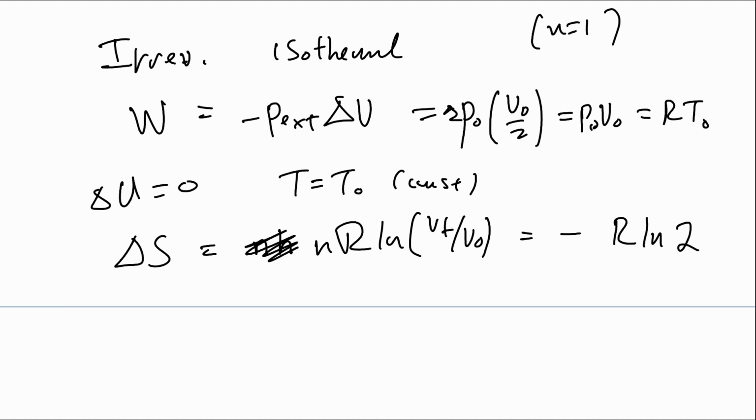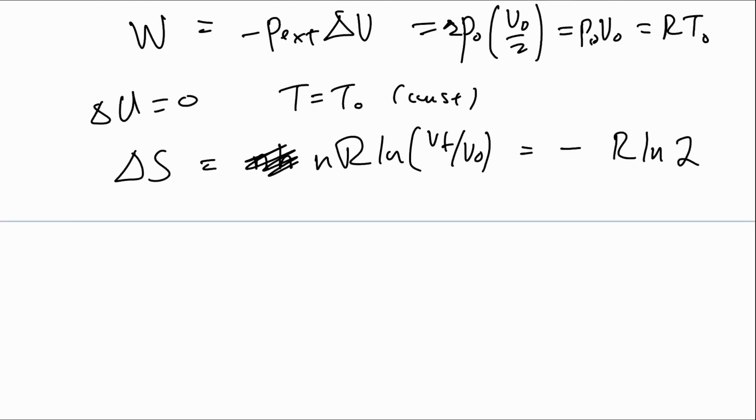I'll be done in just a couple of minutes, because there's a punchline. My Q was minus work, which was minus R T naught, and now the delta S of the surroundings. To do the surroundings, you don't find a reversible path. If I dump a certain amount of heat into the surroundings, its entropy is going to go up.